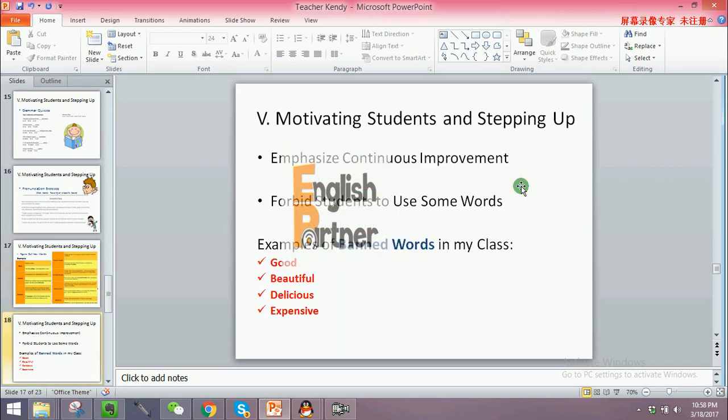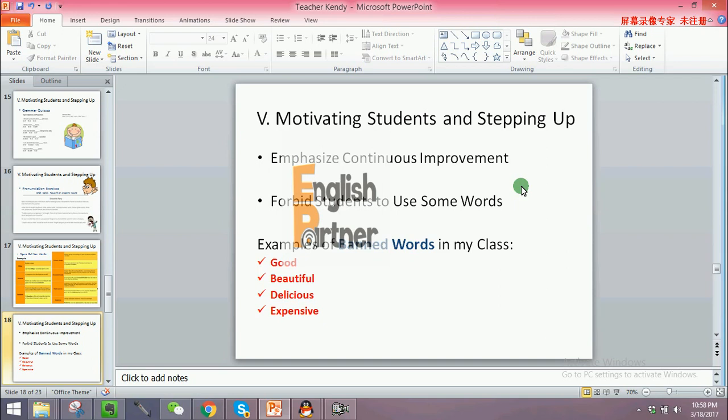And one other way for me to emphasize continuous improvement is for me to forbid my students to use some common words or overused words.